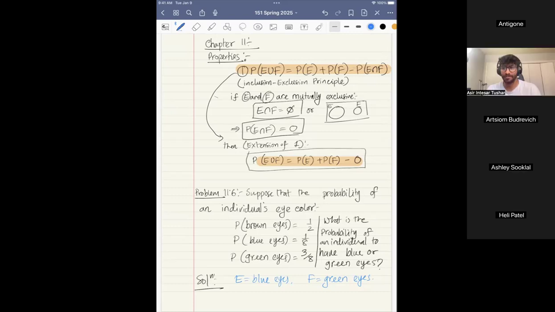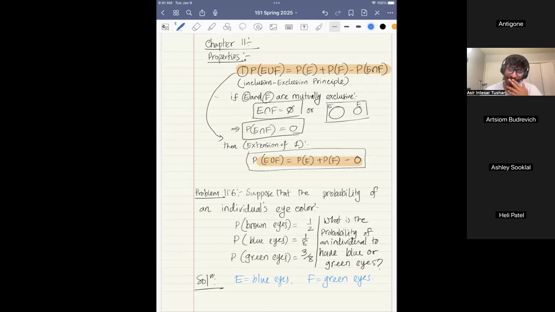Technically, with heterochromia, yes, but not that. By blue eyes, I mean both of your eyes. Technically you can, but here, if you have blue eyes, you cannot have green eyes, or if you have green eyes, you cannot have blue eyes. Does it make sense to you guys?